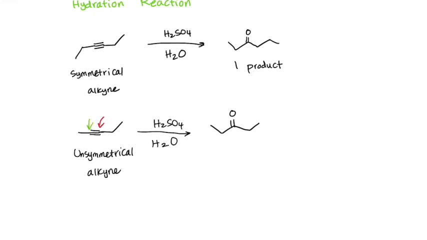So, sorry, they're not the same, so you would get two different products. Here we go. So two products. And honestly, they're both really similar, so you couldn't really differentiate between the minor or major product, and you would have to write both of them down for a reaction such as that.